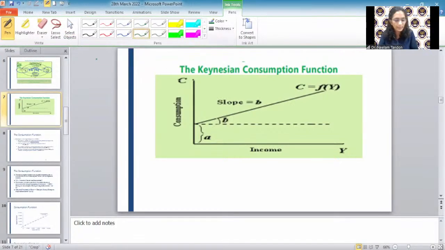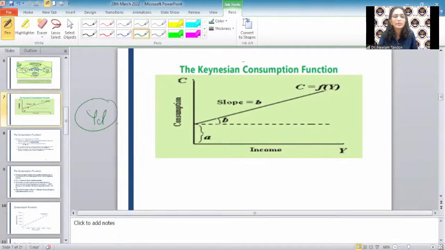Disposable income, YD. And how do you get disposable income? Disposable income, either you consume or you save, isn't it? So we can say that consumption is a function of disposable income.